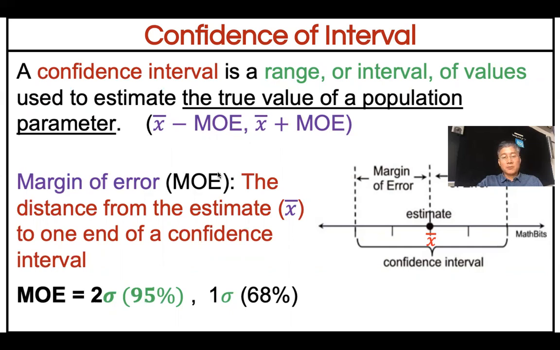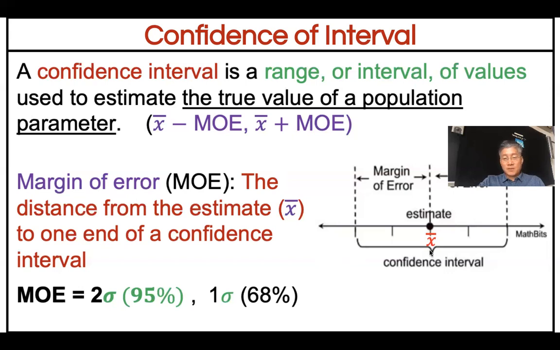How do you get the margin of error? 2 times the standard deviation for 95%. Well, first, one standard deviation is 68%, right? So that's the way we get the margin of error, and you subtract it from the sample mean, and then for the upper bound, you add the margin of error to the sample mean.